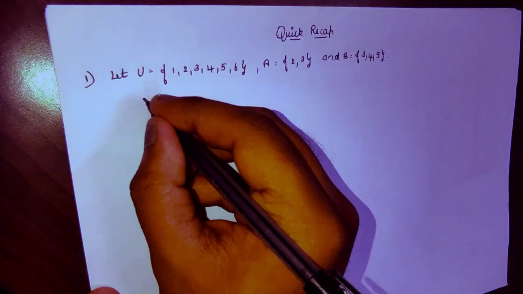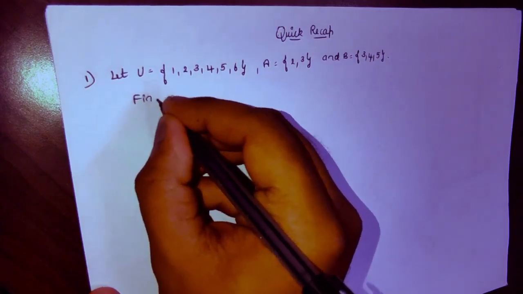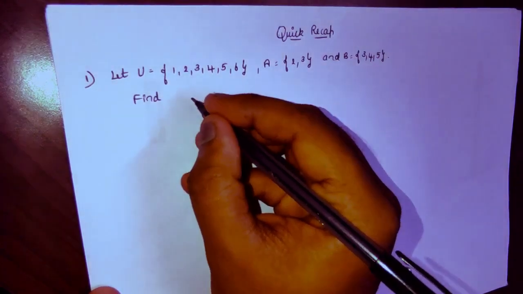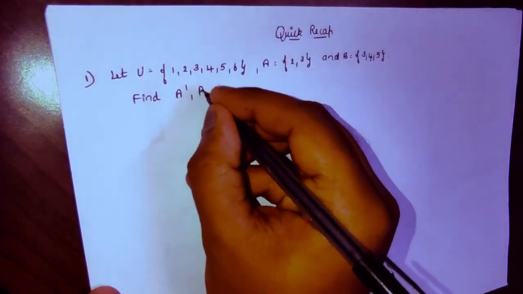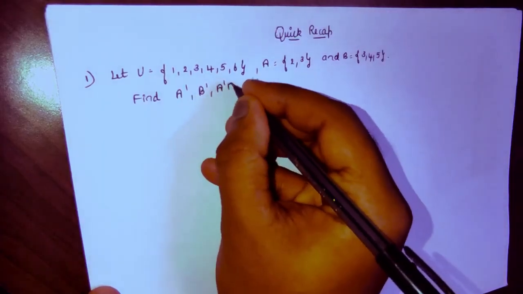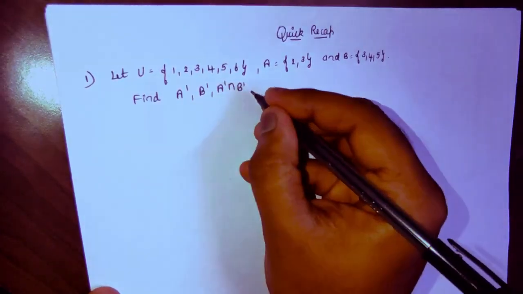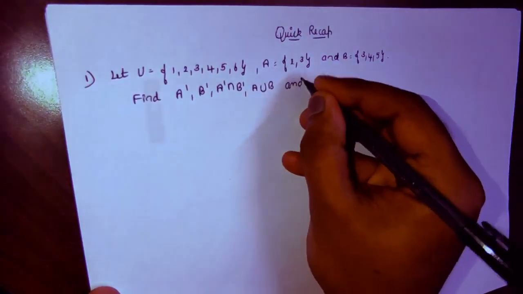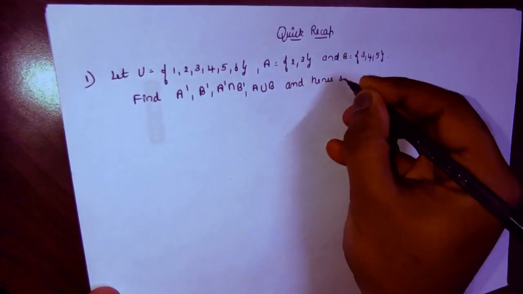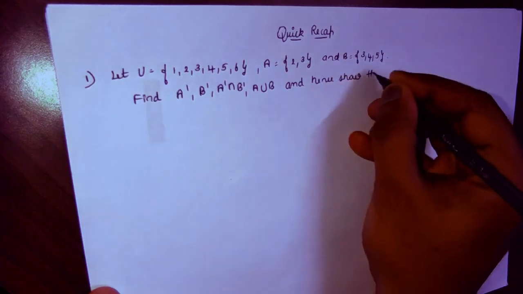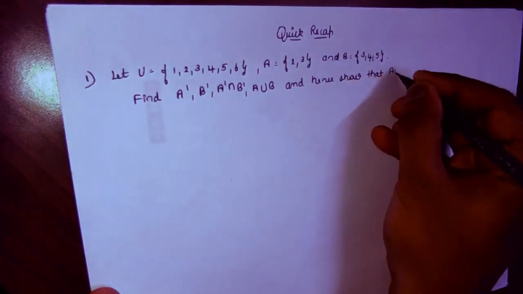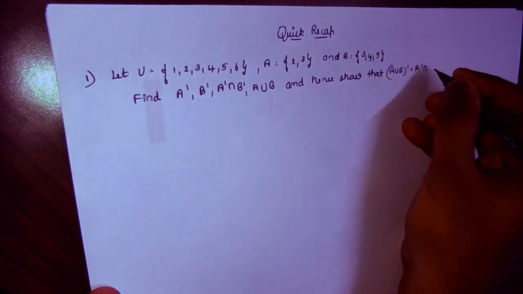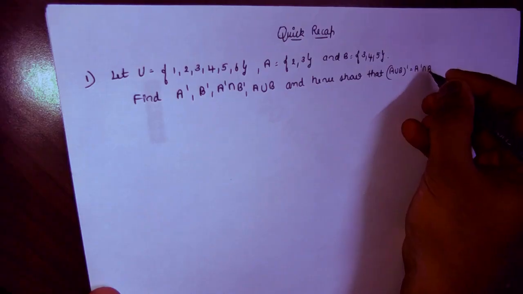They are asked in the question to find A dash, B dash, A intersection B dash, A union B, and hence show that (A union B) whole dash is equal to A dash intersection B dash.